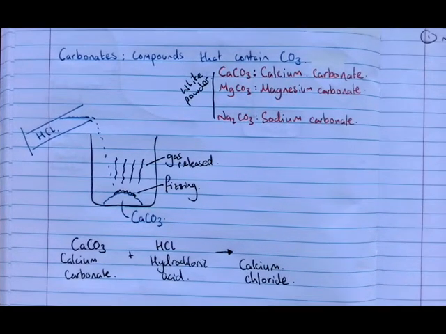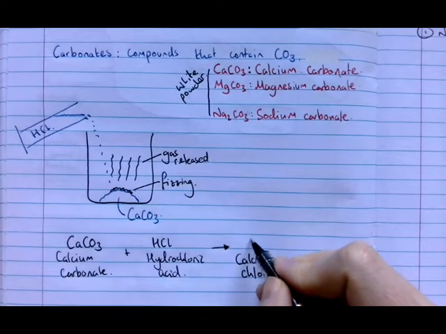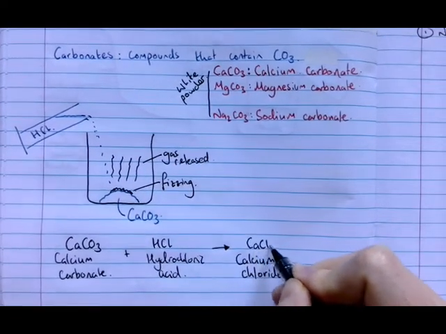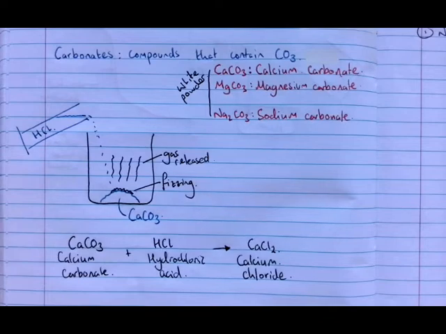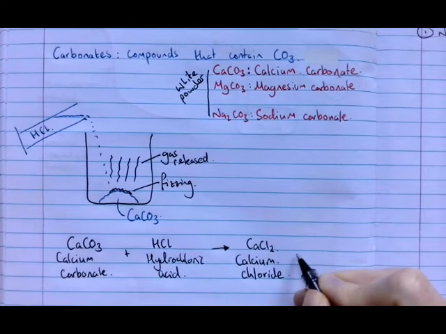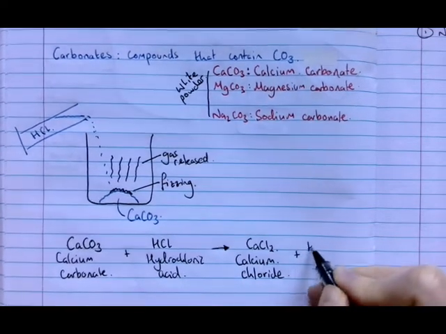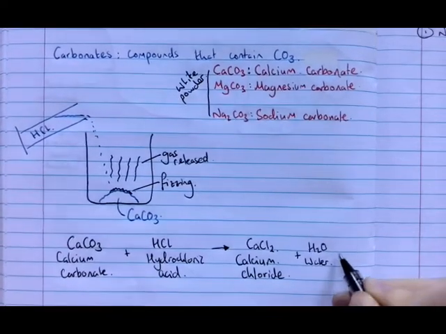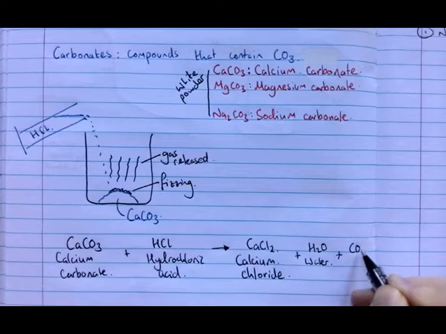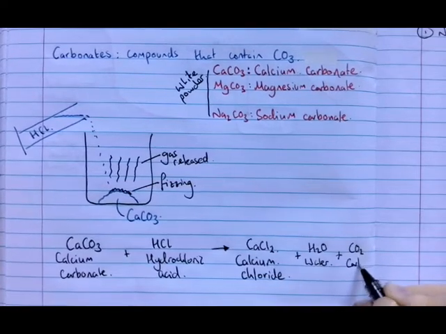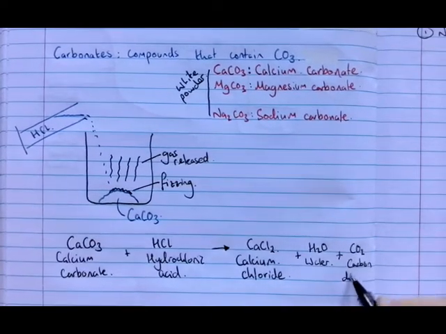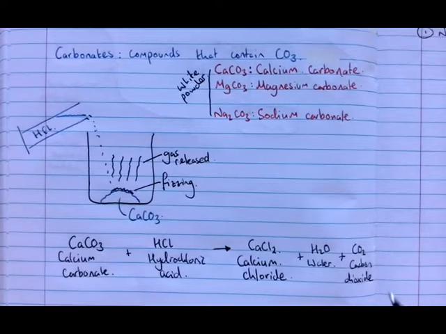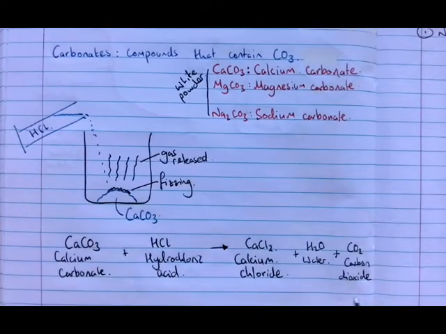Now the formula for calcium chloride is actually CaCl2. And then I get two other things. I also get H2O, water, plus CO2, which is carbon dioxide. Okay?